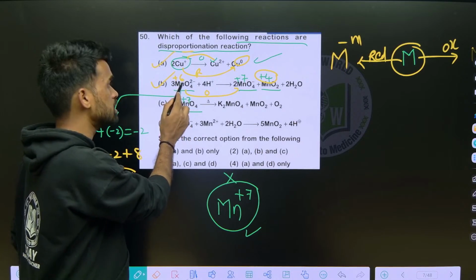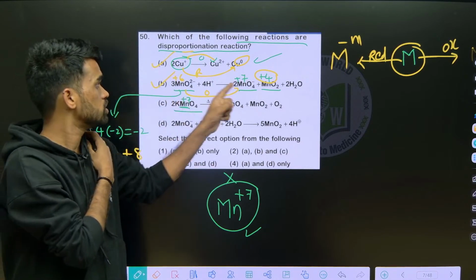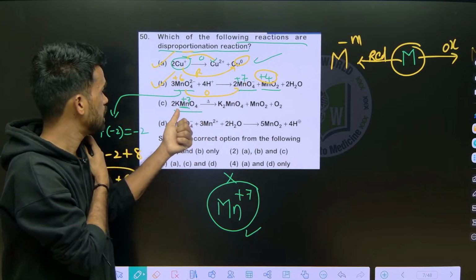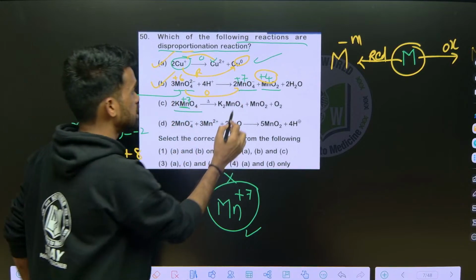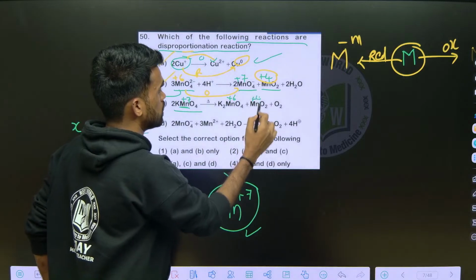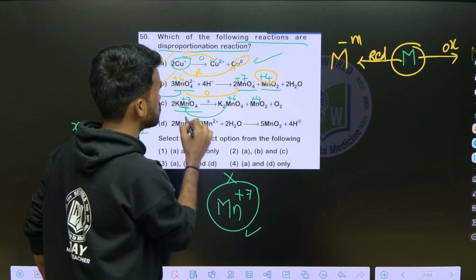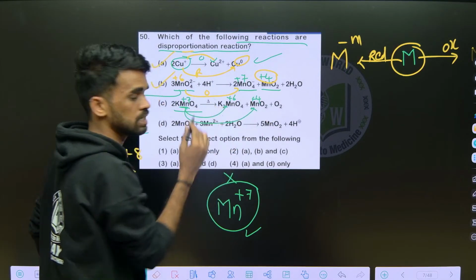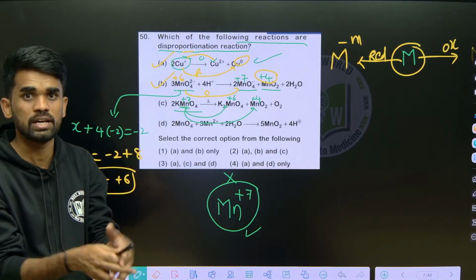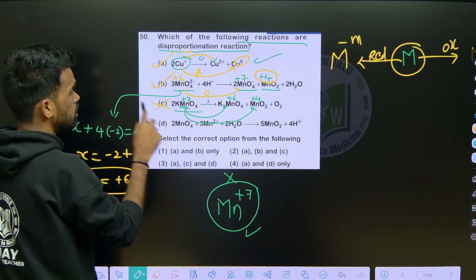If it is +6, yes, we can expect it to change to +7, but here it is already +7. Here it is +6, here it is +4. In both cases the number is decreased. Decreased means it is reduction only, not oxidation. So this is not the correct one.